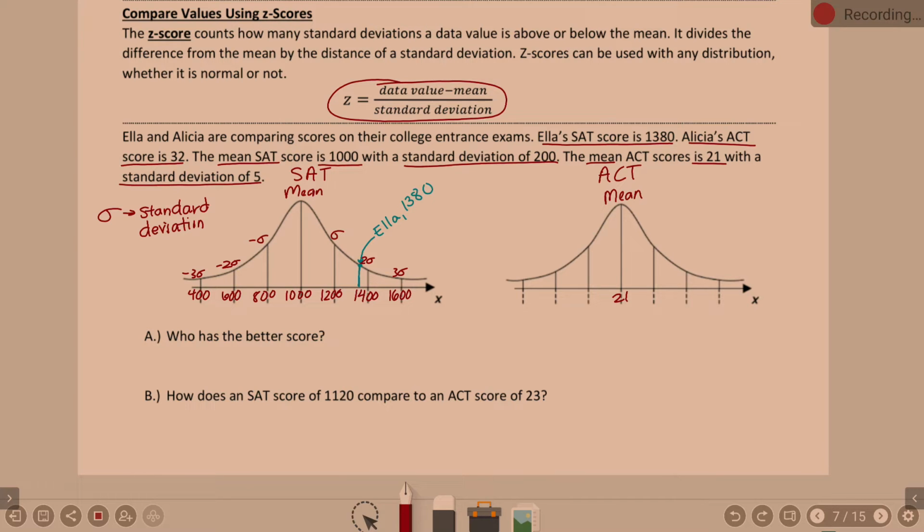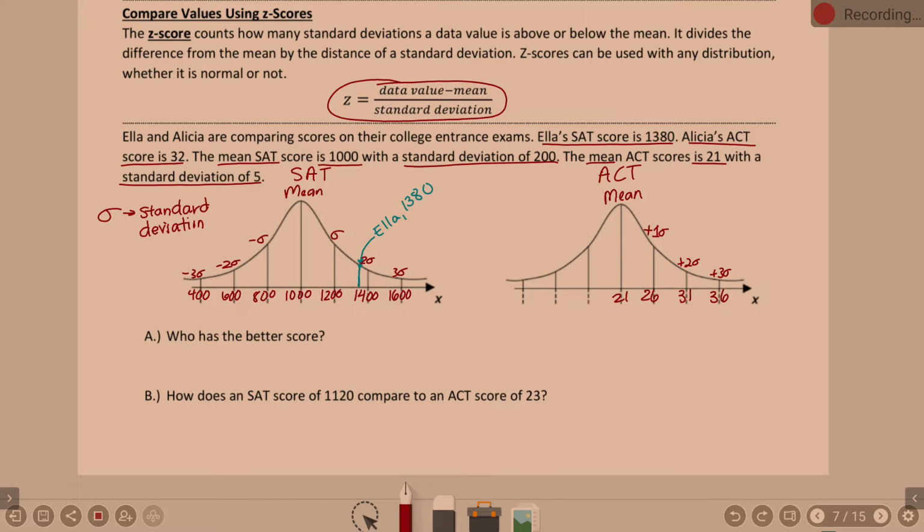Standard deviation of 5. If I go plus 1 standard deviation to the right, that puts me at 26. A second standard deviation to the right puts me at 31. And a third standard deviation to the right puts me at 36.